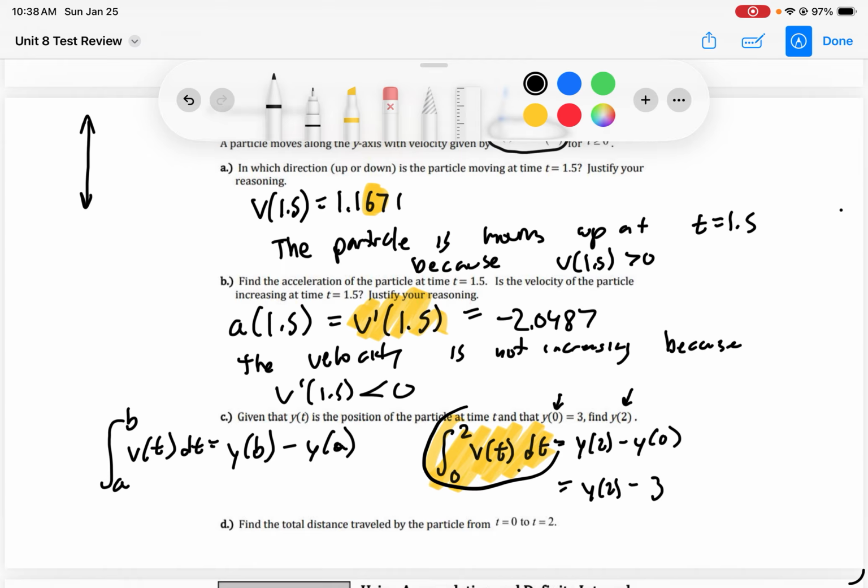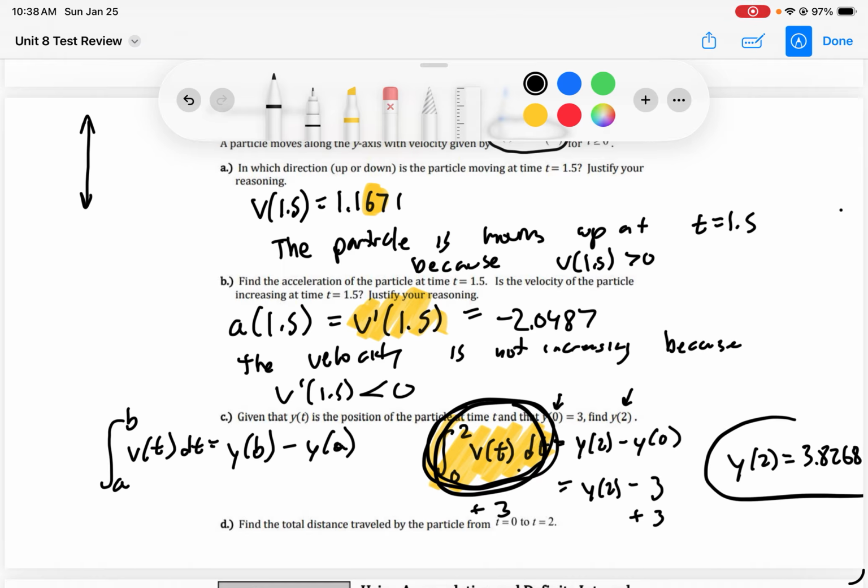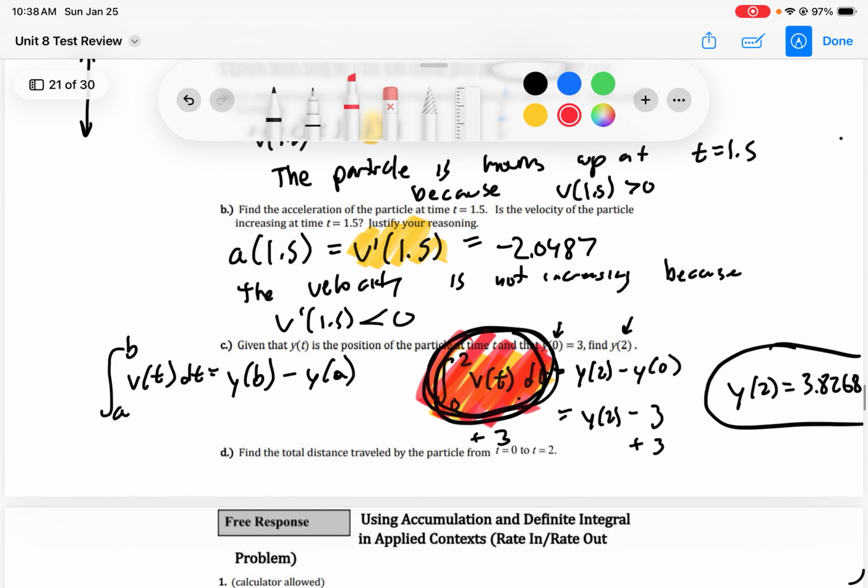So whatever number I get in Desmos, I add 3 to it, and that gives me the position at time 2, which was 3.8268. So the displacement, the number that I got, had to be 0.8268. That's how far it was different from where I started.